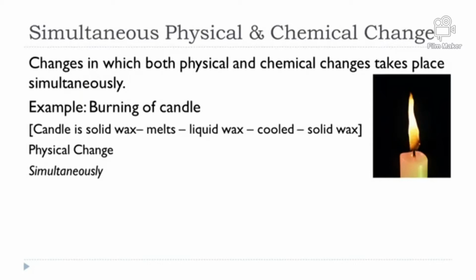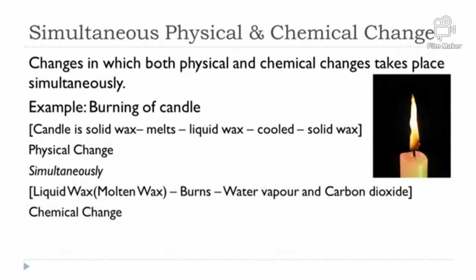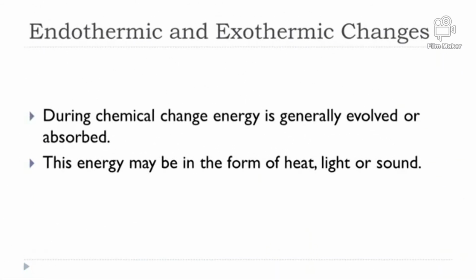So this is a physical change. Whereas the liquid molten wax burns into water vapor and carbon dioxide, which cannot be reversed back into a liquid or molten wax. So it is a chemical change.